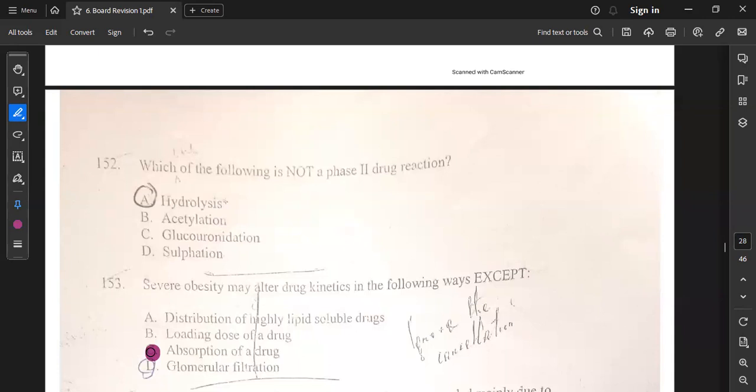Okay, allow me to read something here, please. Obesity can alter the rate and absorption of medications, especially those that are lipophilic. It may change the depth of both the skin and subcutaneous tissue layer.